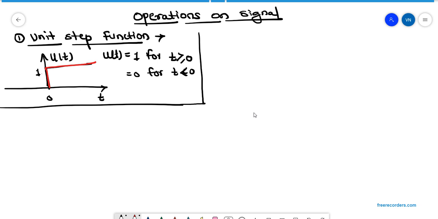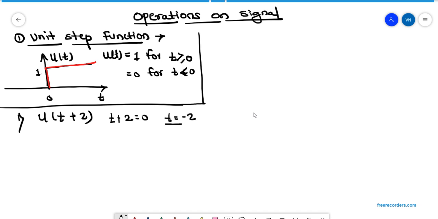So how to apply this? The first operation that I'm going to apply, for example, if I have to write the t plus 2 signal, so how to write this signal? So t plus 2, setting it equal to 0, gives t equal to minus 2.